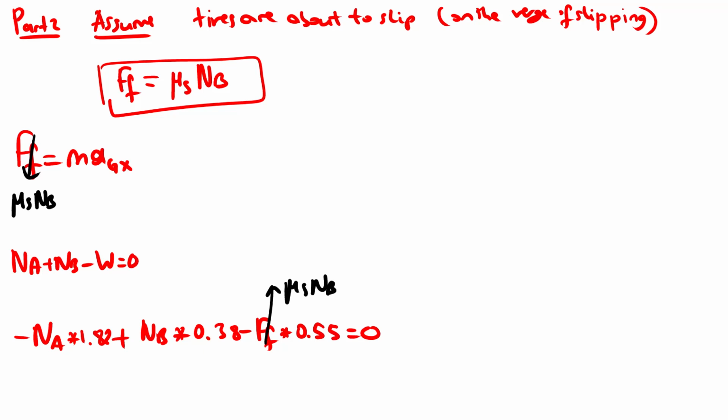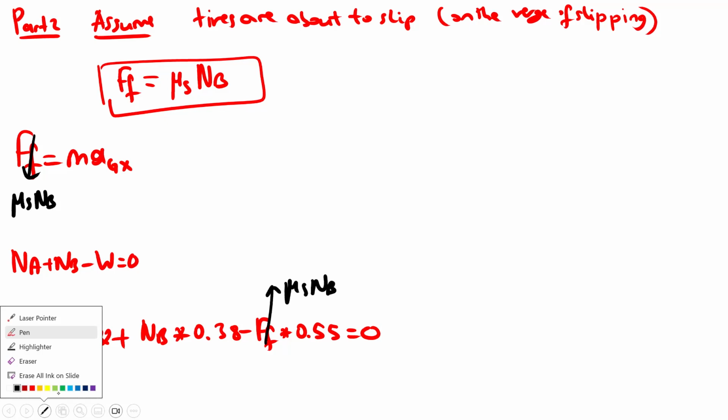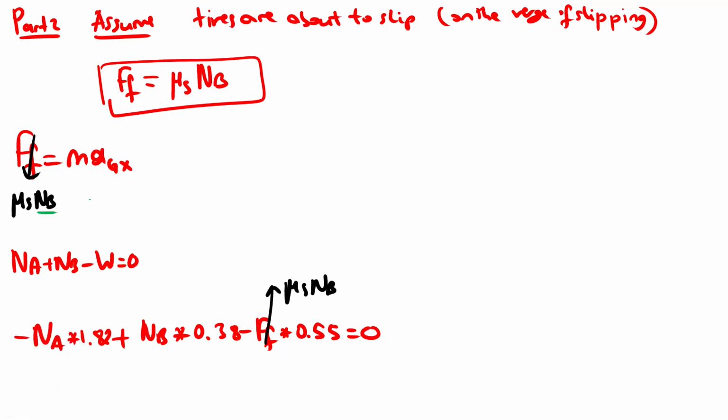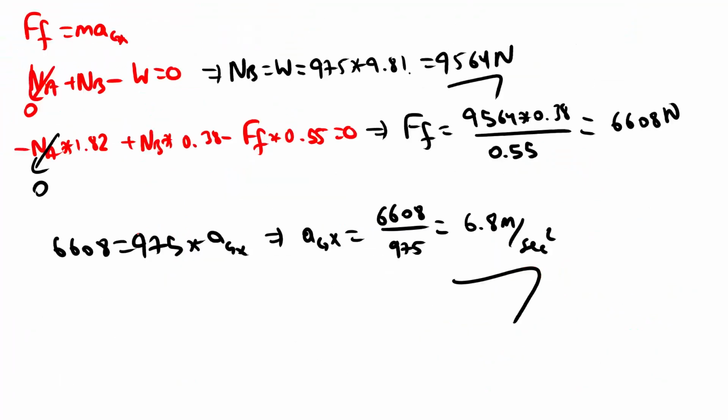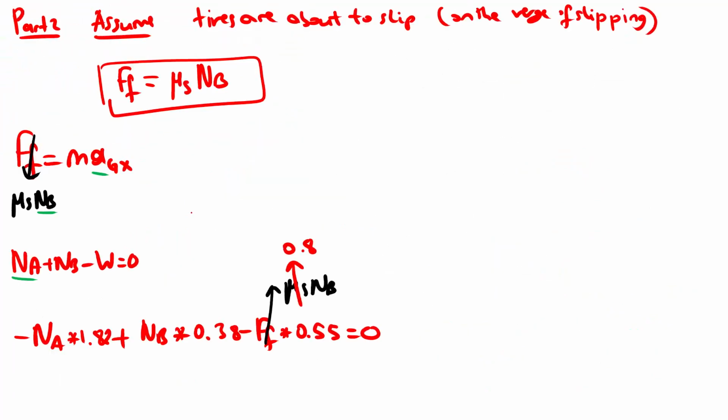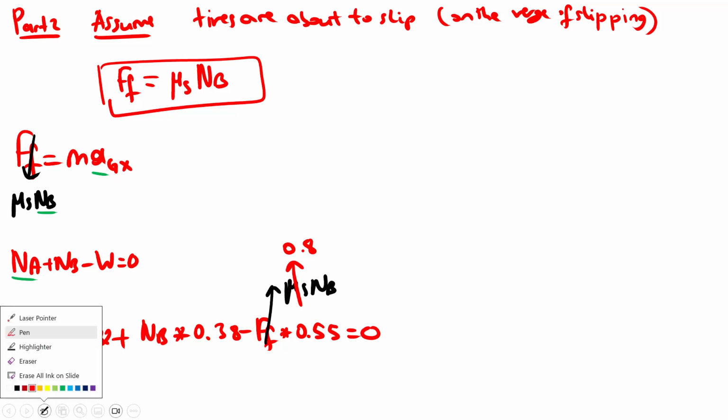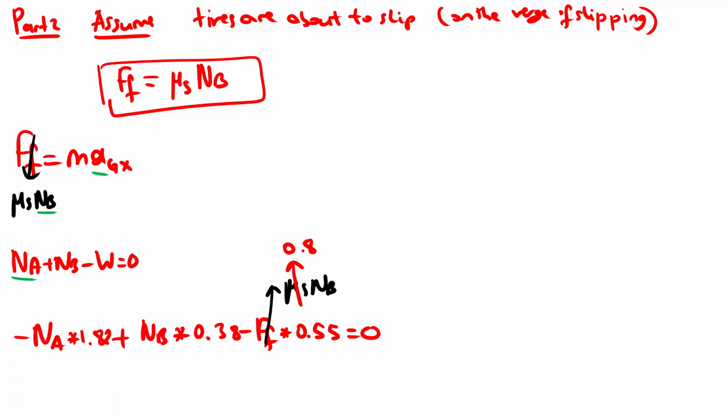Okay, and then now we can check the number of unknowns. So we don't know the n of b, the acceleration, and then n of a. Now we have mu s, which is 0.8. It is given in the problem statement. So with this in mind, we will just use the equations that we have.